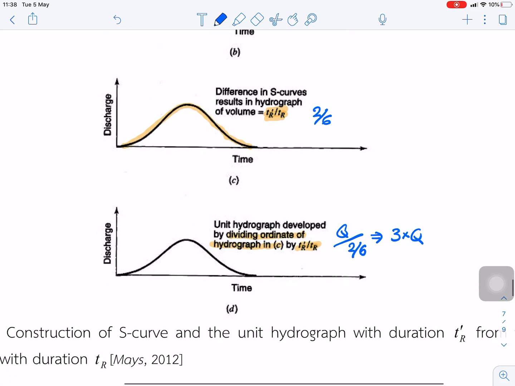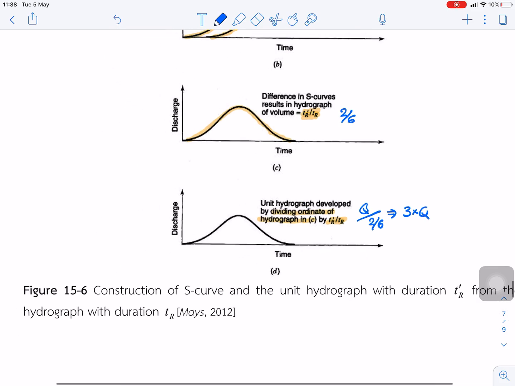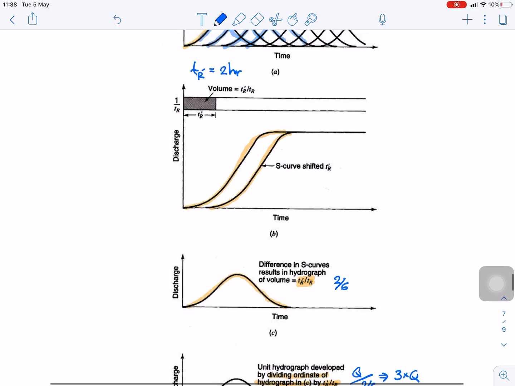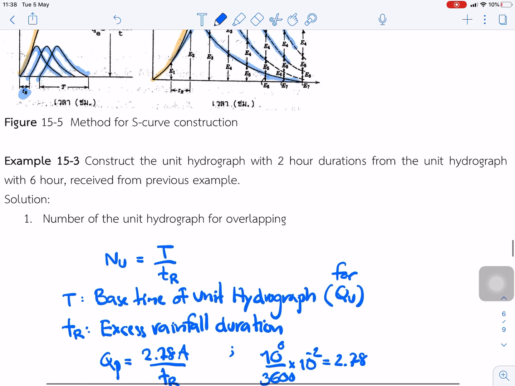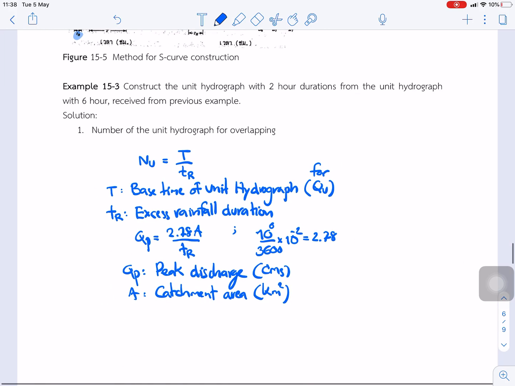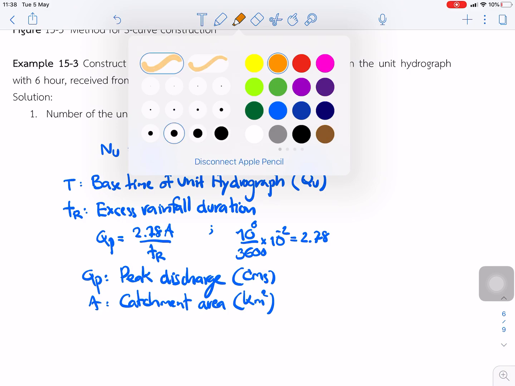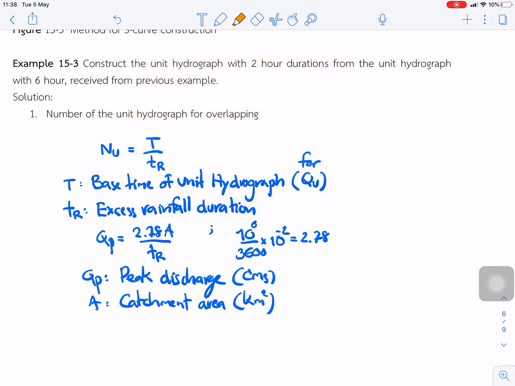Now look at the example of how to do this numerically. The example is to construct the unit graph with 2 hour duration from the unit graph of 6 hours, from the previous example.